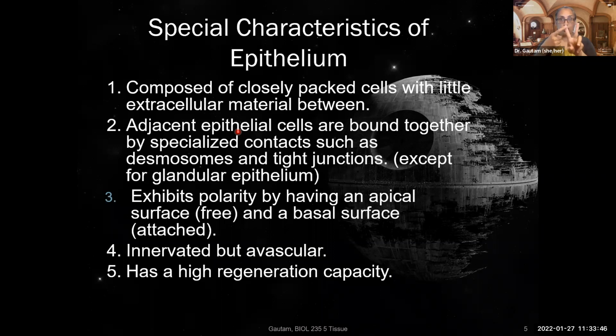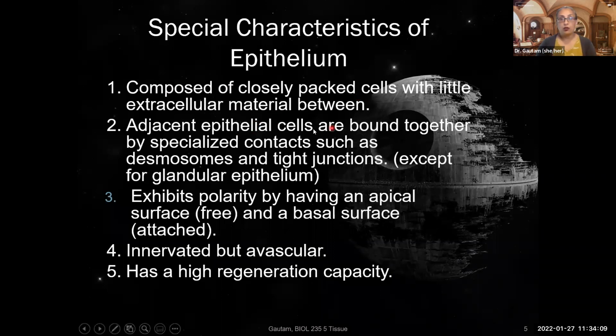One, which are sheet-like cells, and their function is to cover and protect. And the other type of epithelial tissue, a modified epithelial tissue that are glandular, right? So they look different, they function differently, okay? So when we talk about composed of tightly packed cells, we're talking about the first type. We're talking about the sheets of cells of epithelial tissue.